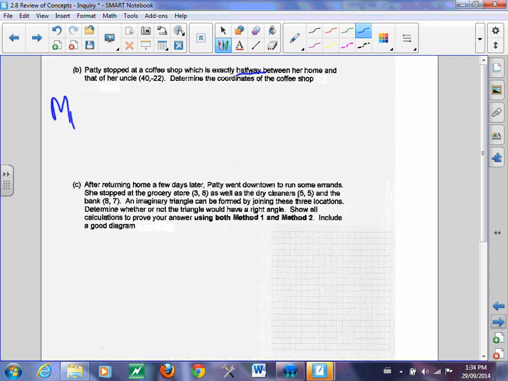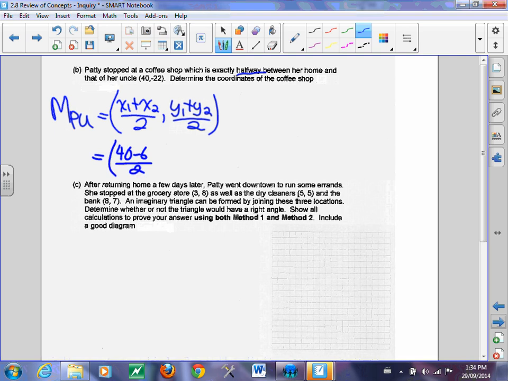So midpoint of PU equals x1 plus x2 divided by 2, comma y1 plus y2 divided by 2. Sub in your information, so we've got 40 subtract 6 divided by 2, and negative 22 plus 8 divided by 2.